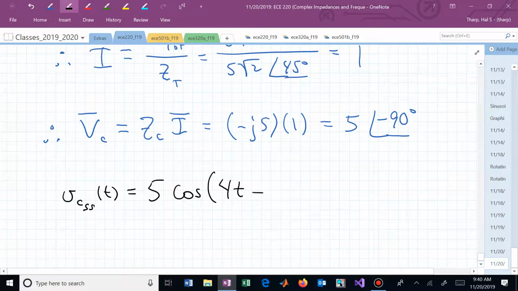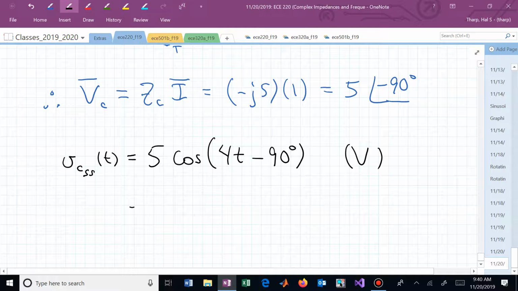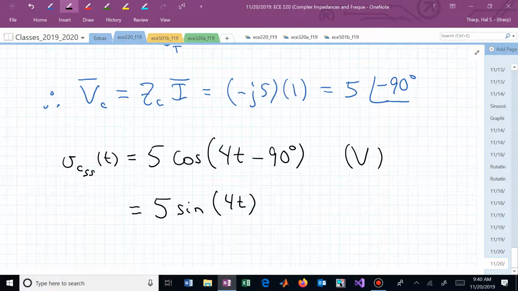And this is now minus 90 degrees. Or if somebody wanted to clean that up a little bit and reduce the argument's complexity, we would say a cosine of something minus 90 is equivalent to a sine of that argument, omega t. This is now our sinusoidal steady state voltage across that capacitor.